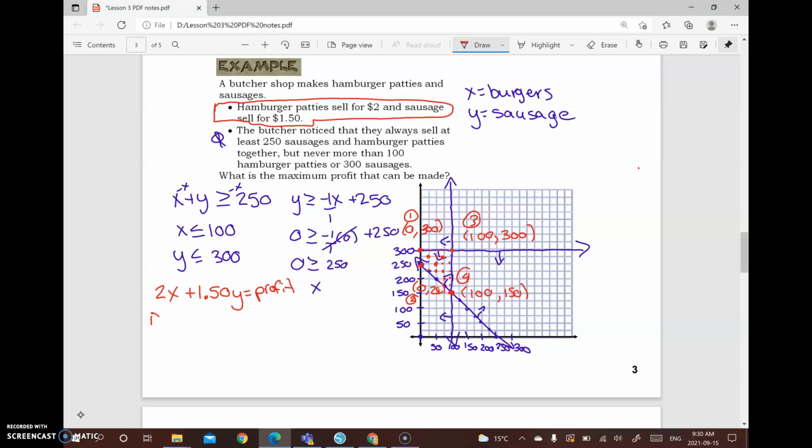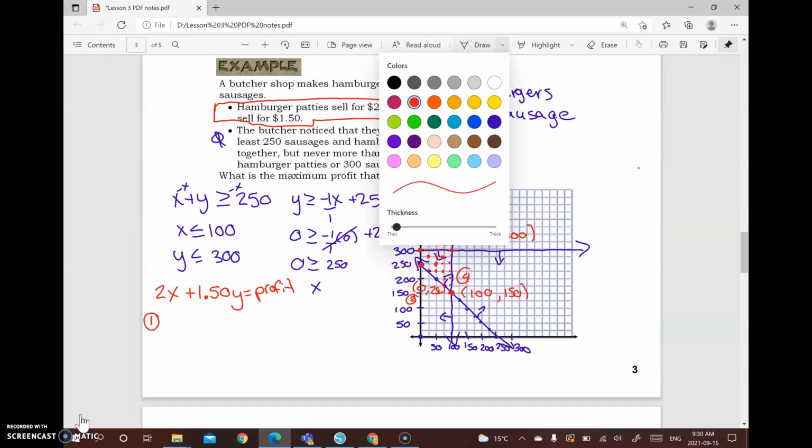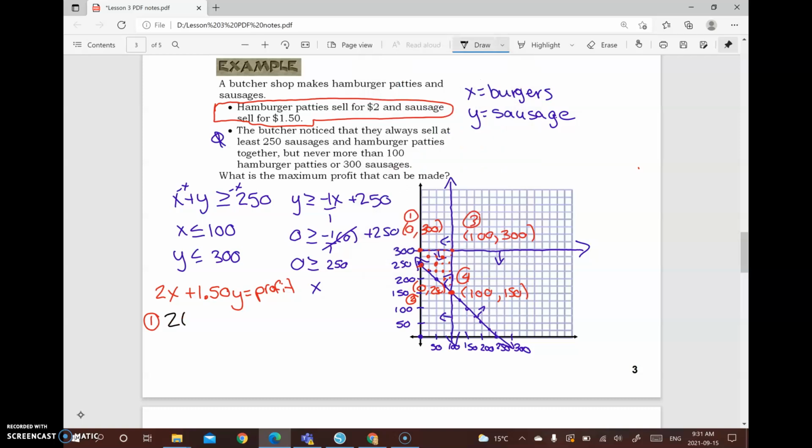So I'm going to go ahead and plug 1 into my objective function. Instead of x, I replace it with 0. Instead of y, I replace it with 300. And if you were to plug that into a calculator, you are going to get 450. And I try point 2. X value is still 0. The y value is 250, which is 325, so that's less.